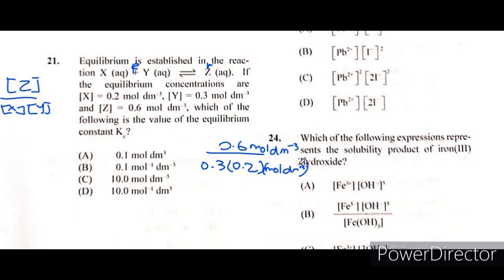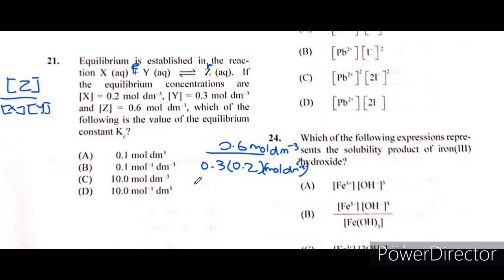So let's get the numbers straight first. 0.6 over 0.3 times 0.2. Okay, I got 10. So the answer is either C or D.